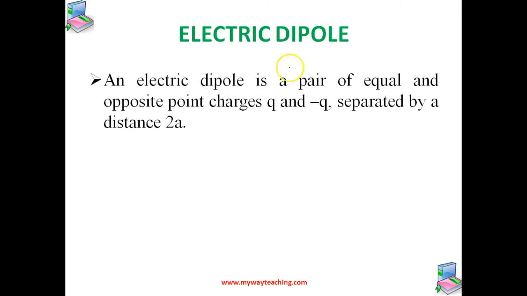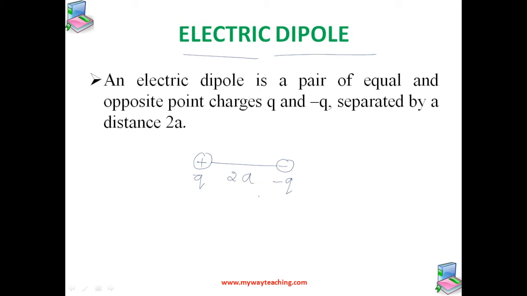Now let us study another important and interesting concept, that is the electric dipole. An electric dipole is a pair of equal and opposite point charges plus q and minus q separated by a distance 2a. So if you consider one charge plus q and another charge minus q, separated by a distance 2a, then we call this an electric dipole.